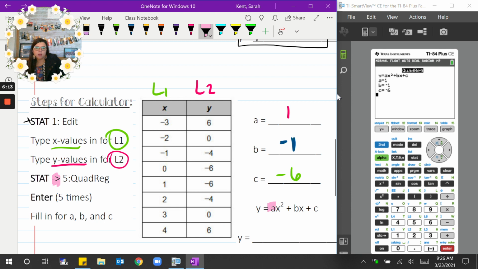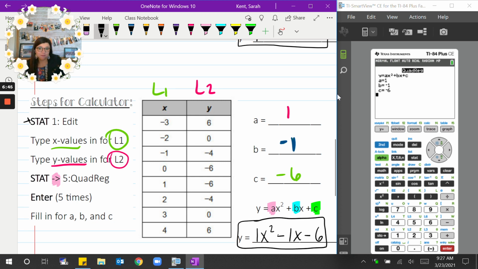If we remember, we want A, then B, then our C. So when I go to plug this in, my A is 1, so I will have 1x squared, plus my B is -1, so I'm going to put minus 1x, plus my C is -6, so I'll put -6. If I have a negative number, I can just do minus that number. And that is our final answer.